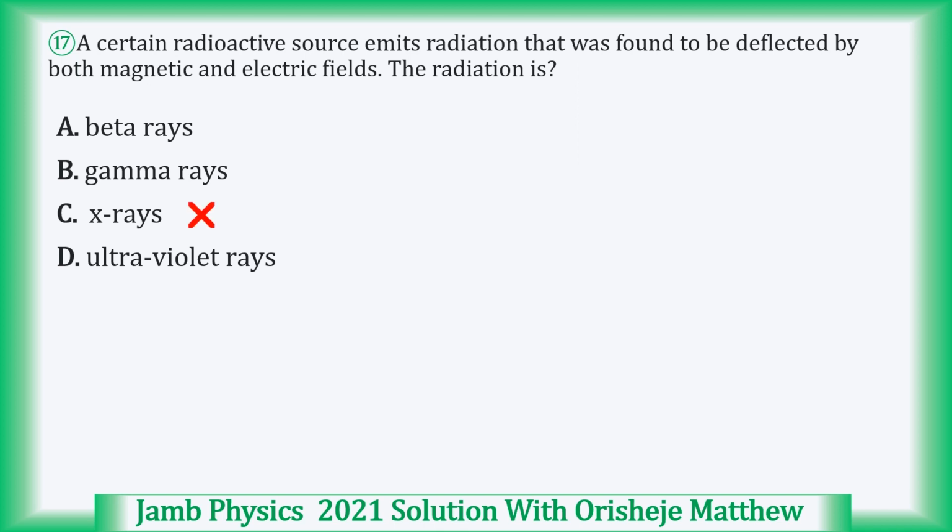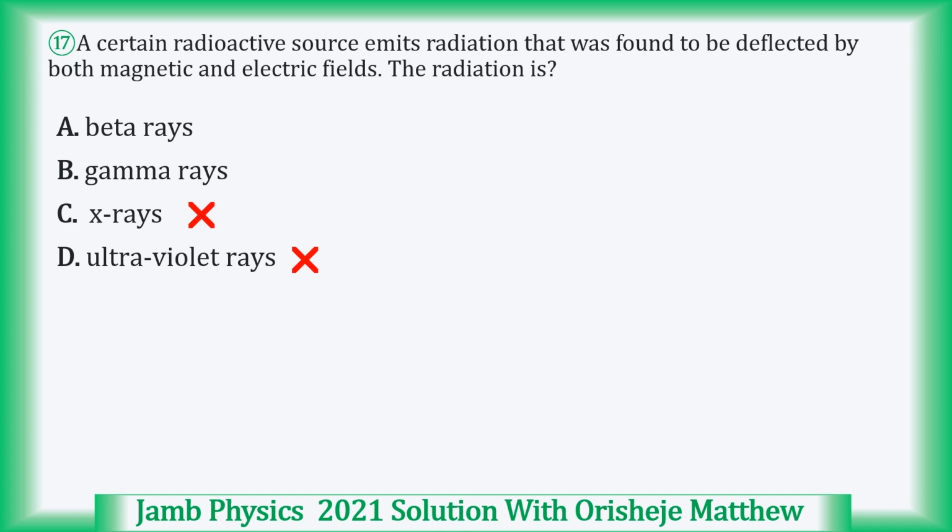If it is deflected, a radioactive material, first of all, you know the radiation is not X-ray, because X-ray is not a radioactive material, so we eliminate that. And then the radiation also is not ultraviolet ray. Ultraviolet ray is not a radioactive material.